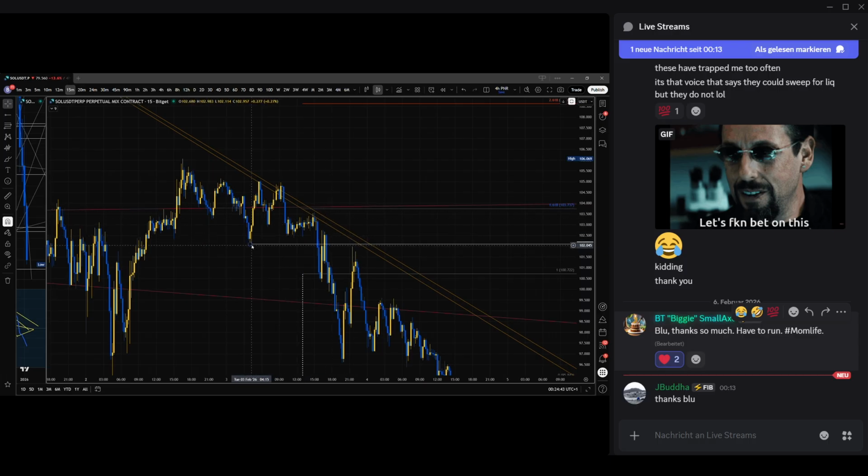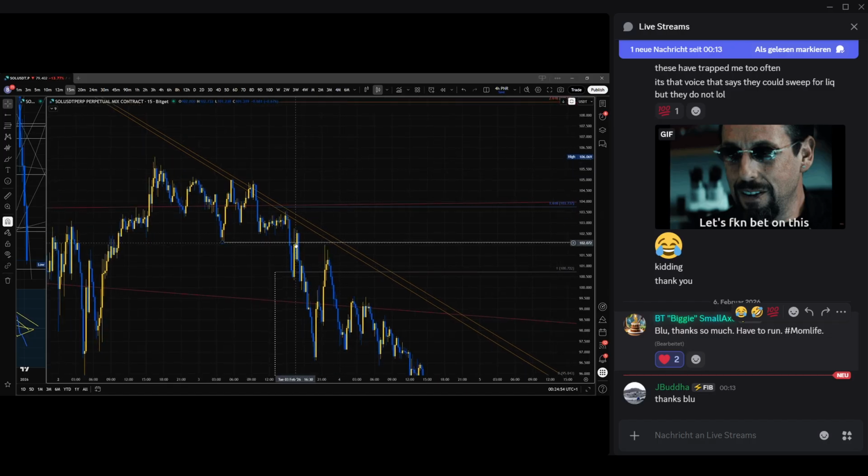So partial TP would at the latest go at this low here, right, of the top range on the 15-minute. You have a break level here, and yeah, you take, I don't know, 30%, 50%. Everybody does it a bit differently. 50% also always feels good.